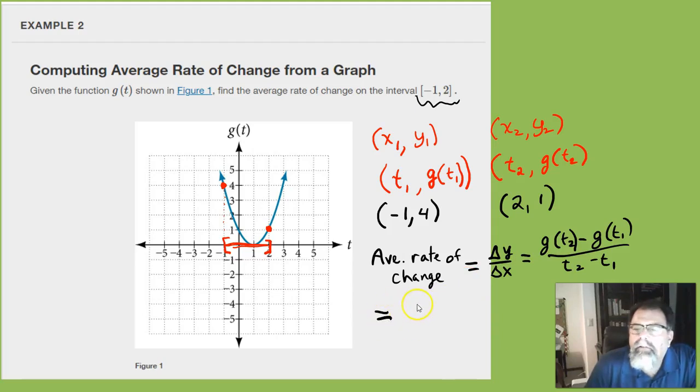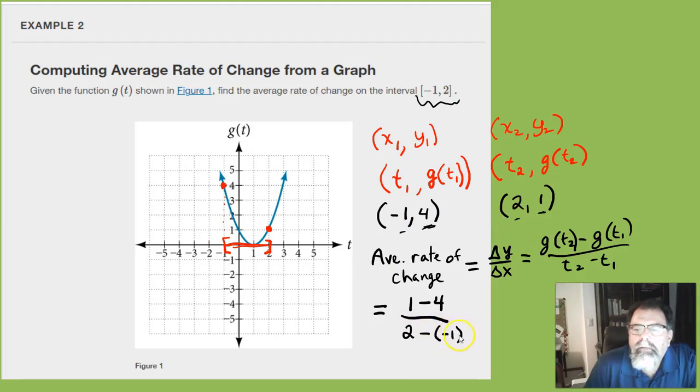Okay, and then that's going to get me 1 minus 4, so the y values, over 2 minus a minus 1.